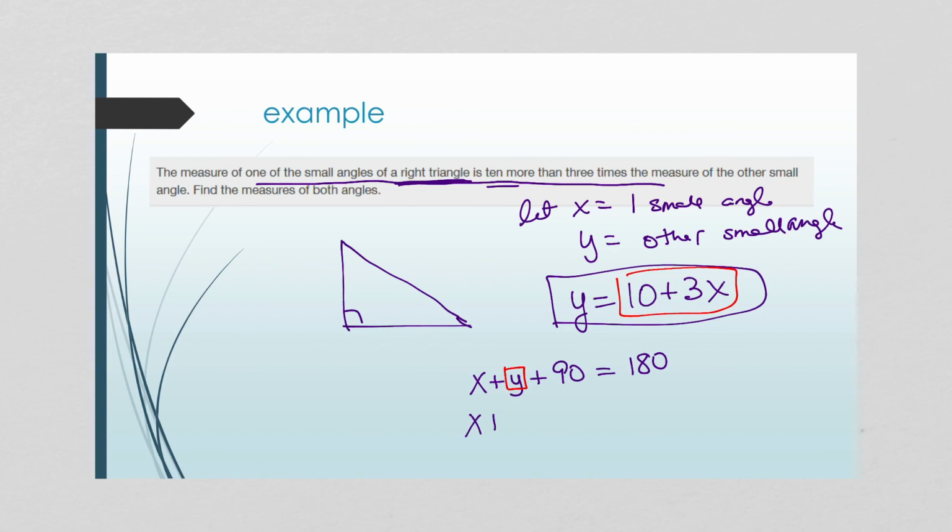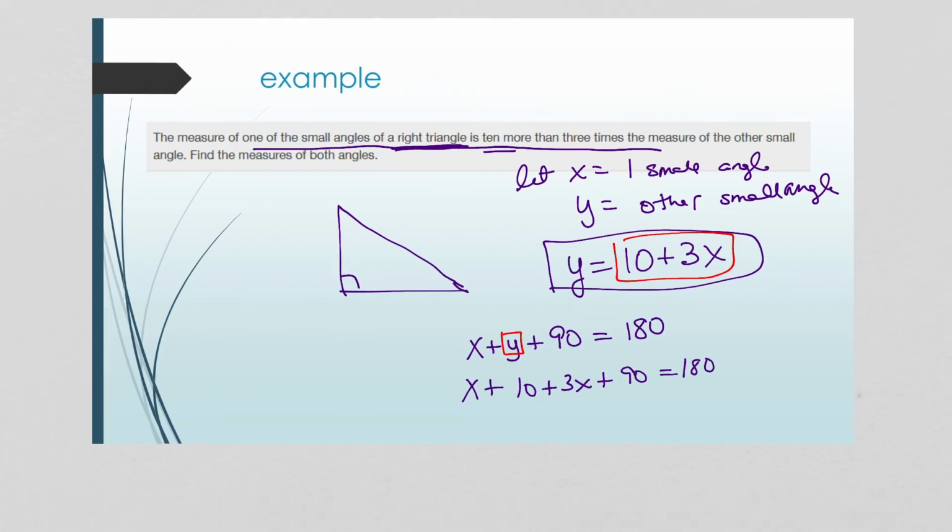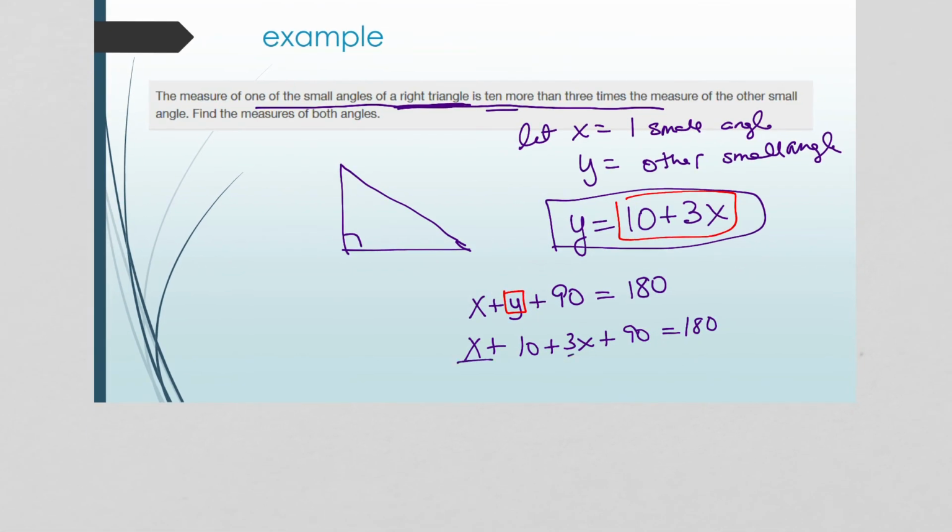So x plus, instead of y, I'm going to write 10 plus 3x plus 90 equals 180. I'm going to combine my like terms. So I get 4x plus 100 is equal to 180.